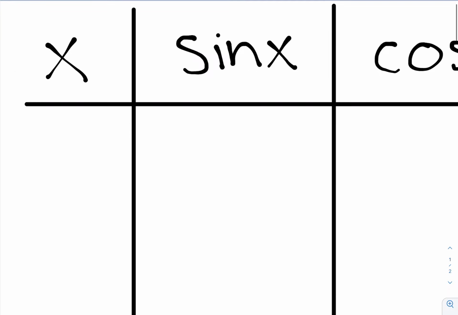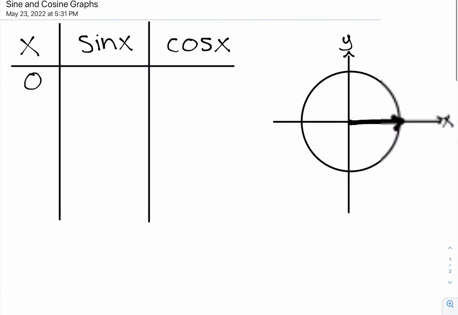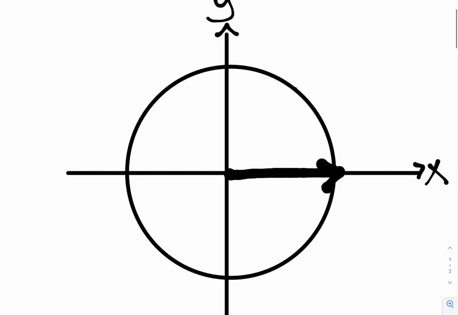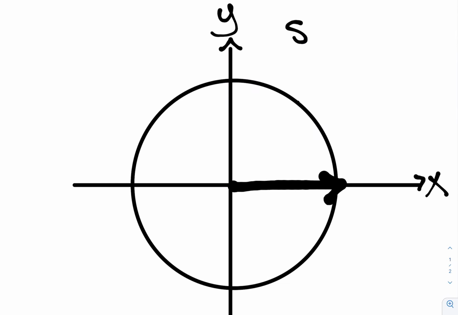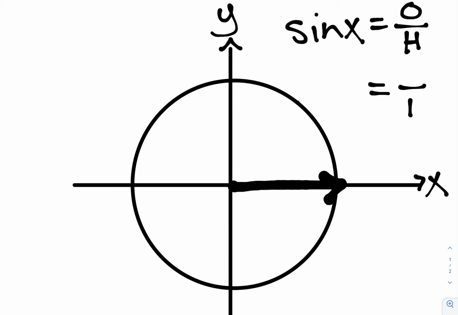So for our x column here, let's just put 0. So the sine of x is going to be the opposite side over the hypotenuse. Now remember, the hypotenuse, if we're on a unit circle, is always going to be 1. So it's going to be something over 1. Now if we have a straight line like this here, our opposite side is going to be 0.